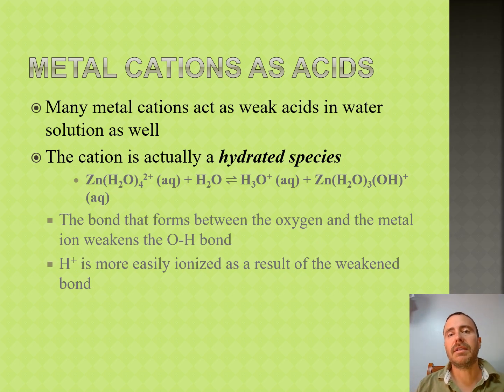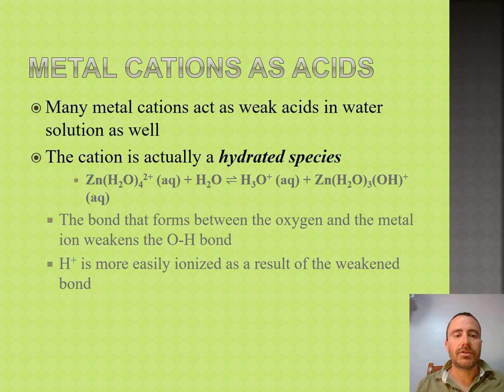Just like the fact that we learned earlier that H plus doesn't actually exist in water, it forms the H3O plus cation, the hydronium cation, metal ions don't actually just float around in water the way that we think about them. Something like our zinc becomes something that we call a hydrated species.